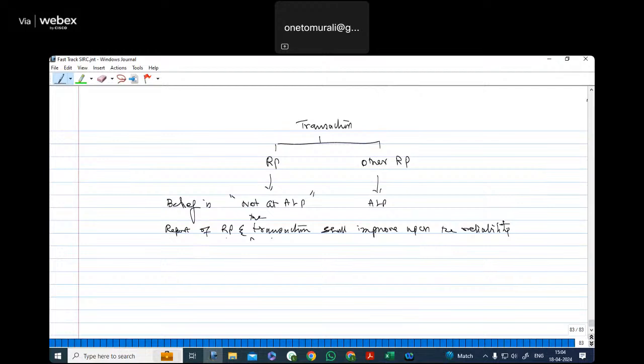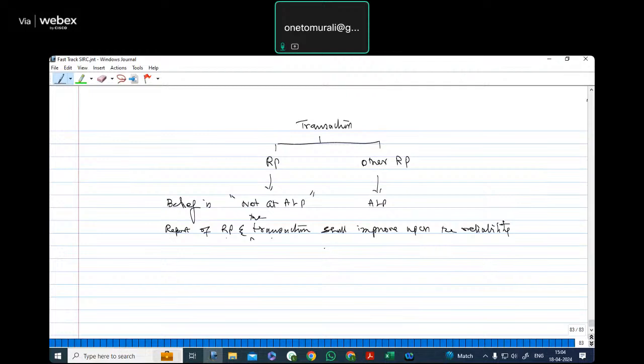Report of related party transactions shall improve upon the reliability. So please just understand, a report of this will improve upon the reliability.